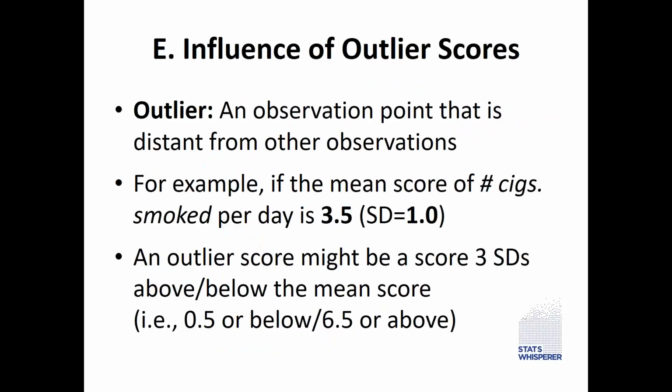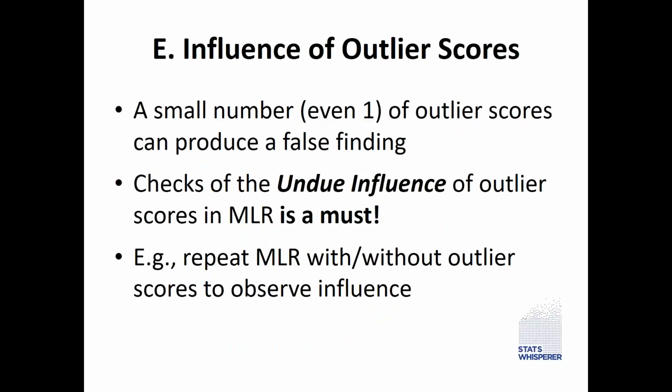Now, keep in mind, it's the undue influence of the outlier that can mess up our findings. So that's what we need to check for. So often, if we find some outliers, we might repeat the multiple linear regression with a version of the variable with and without the outlier.